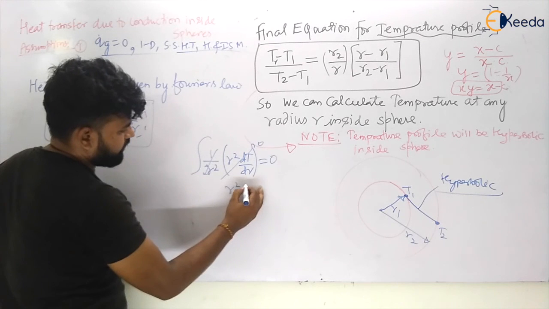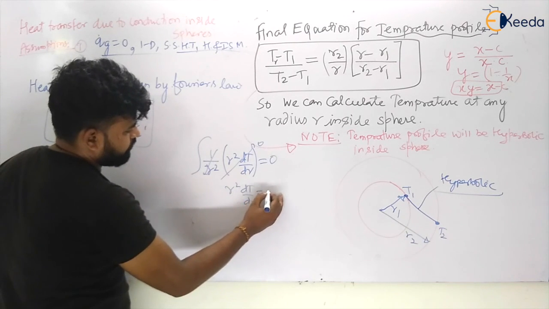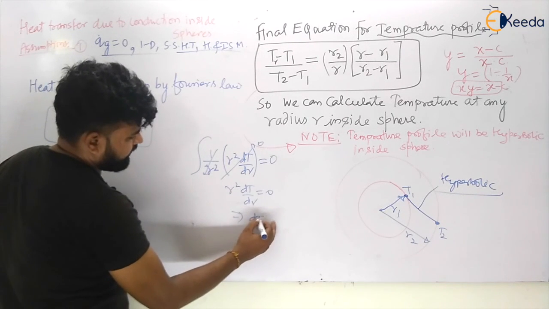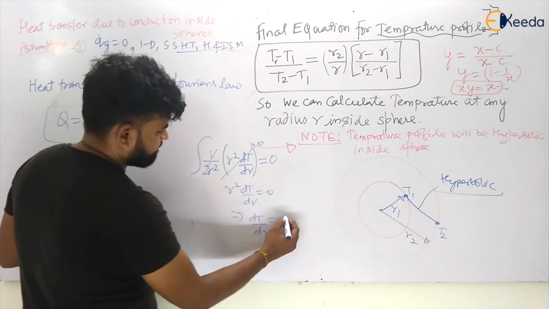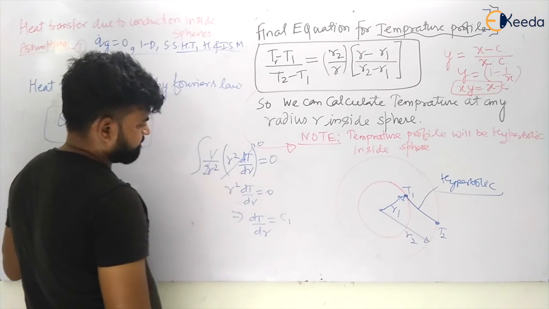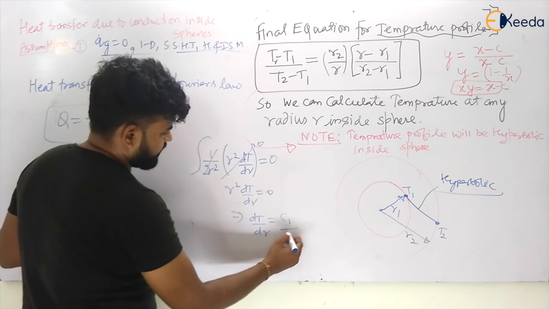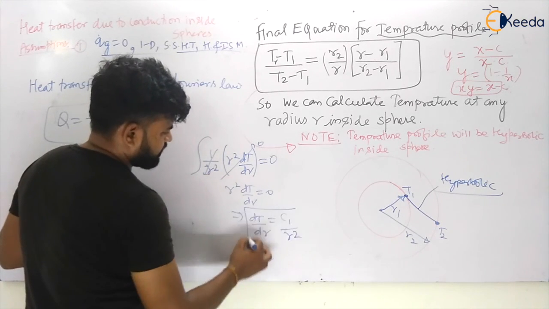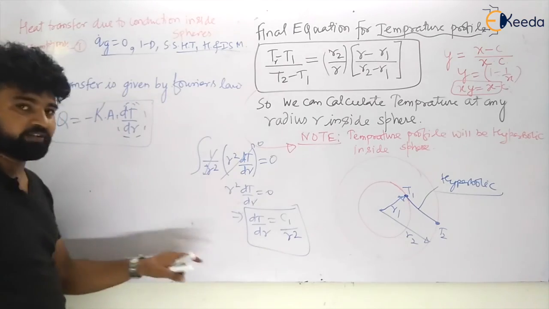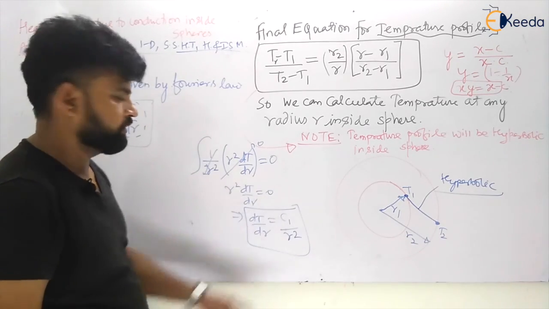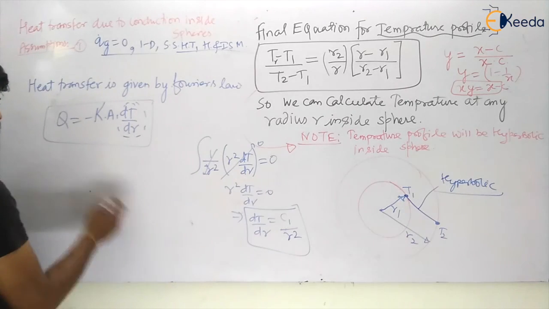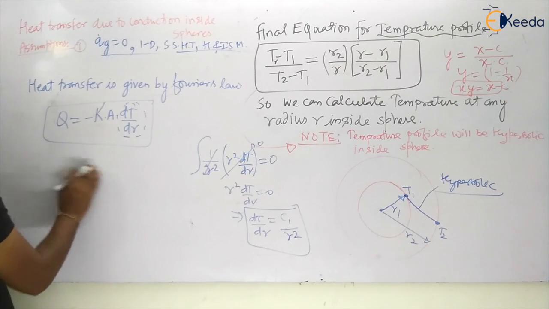So that was R square dT by dr is equal to C1. So that was becoming dT by dr is equal to C1 by R square. And again when I was integrating, this was becoming minus C1 by R. So now I know the value of dT by dr, which is equal to C1 by R square.